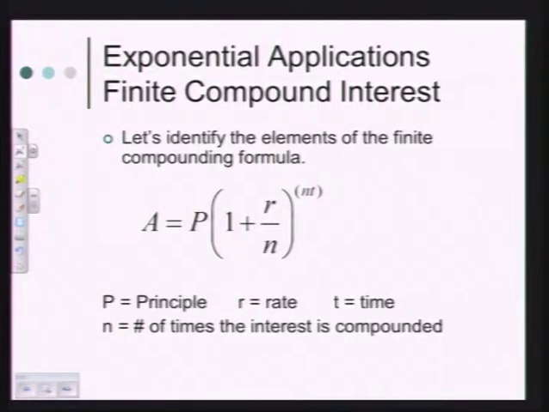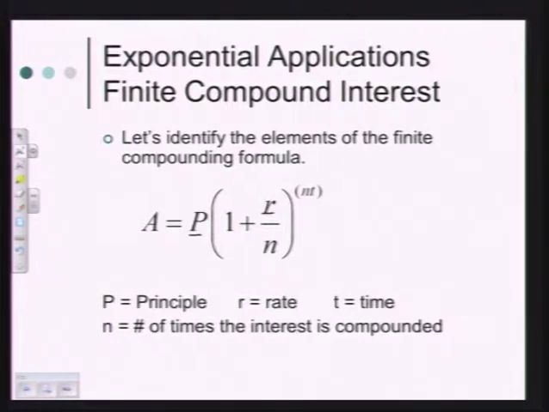So, let's look at this formula a little more carefully and look at each part of it. P represents the principal. Remember, in Bob's case, that was $500 that he started with in the bank. R represents his interest rate. That was 6% in Bob's case.